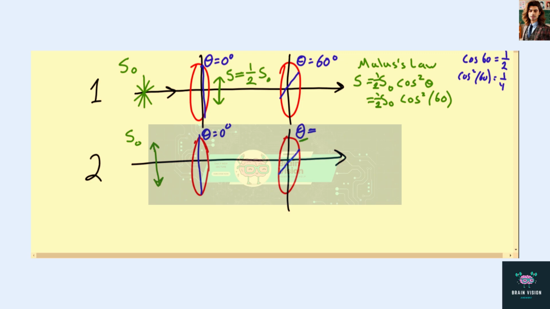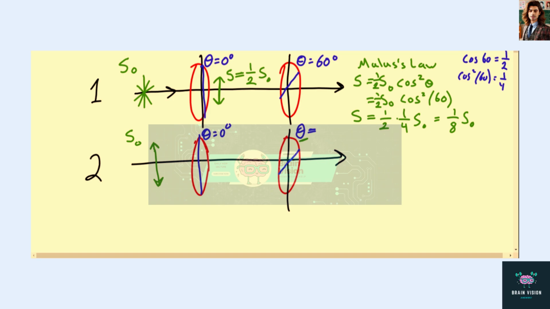So now we have 1/2 the initial intensity, and we know that cosine squared 60 is 1/4. So the intensity leaving the polarizers in experiment 1 is equal to 1/2 times 1/4 times the initial intensity, or just 1/8 of its initial intensity. That's how much actually gets through both polarizers. And that's what we want to set up in experiment 2. We need angle theta to be whatever it needs to be so that 1/8 of the intensity gets through.